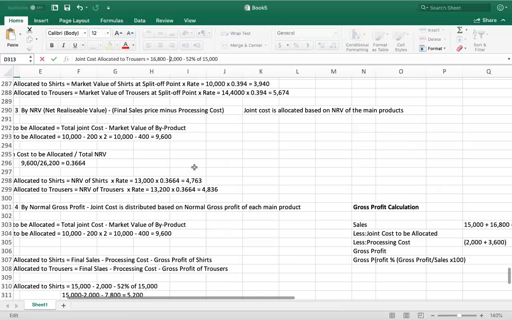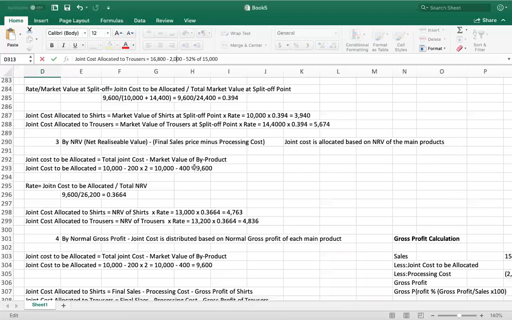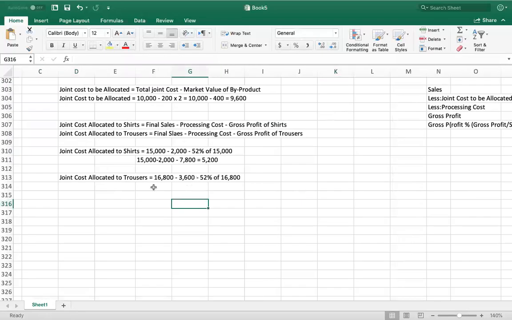Processing cost is 3,600. So 3,600 minus 52% of 16,800. Like this. So now see, 16,800 minus 3,600 minus 16,800 into 52%.